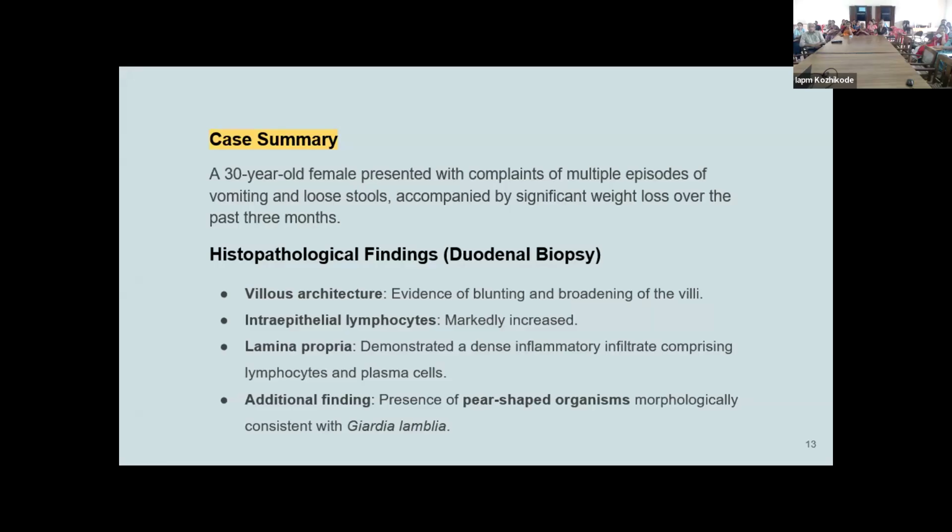Duodenal biopsy findings showed blunting and broadening of villi with increased intraepithelial lymphocytes and dense inflammatory infiltrate in lamina propria composed of lymphocytes and plasma cells. And in addition, we could find pear-shaped organisms morphologically resembling Giardia lamblia within the lumen of the intestine arranged in a falling leaf pattern.